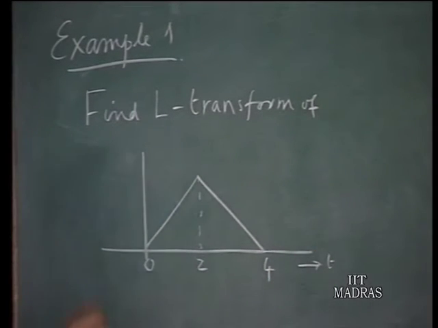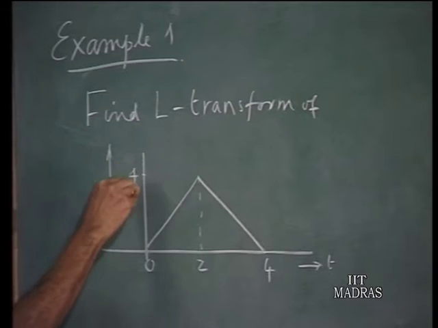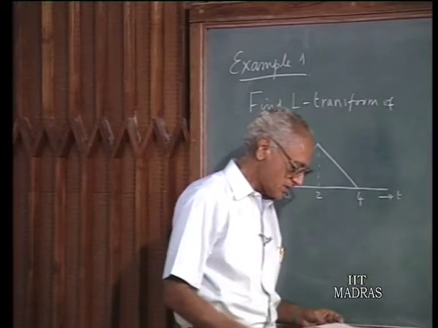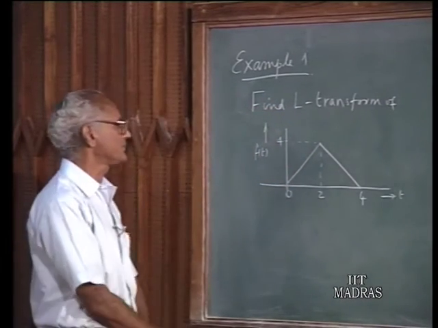This is t in seconds, f of t has a value of 4 units at t equals 2 seconds. So, this is the function f of t whose Laplace transform we are required to find.